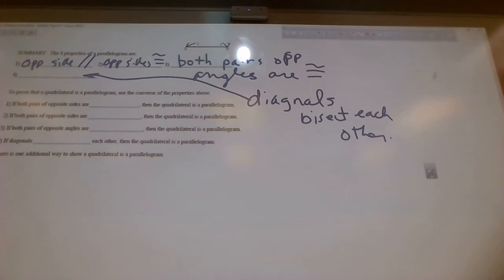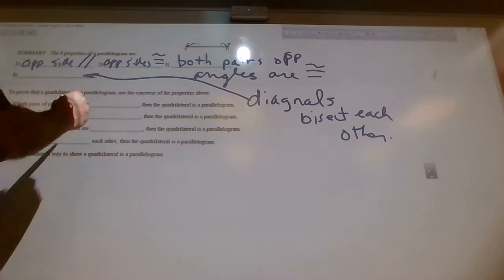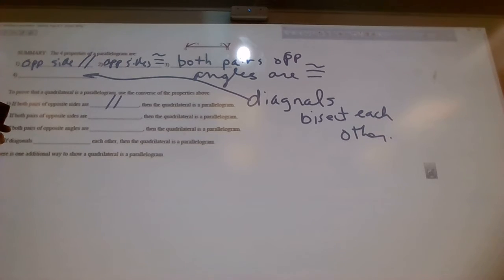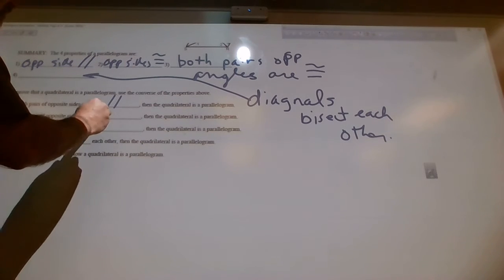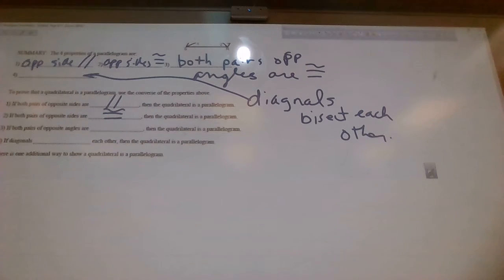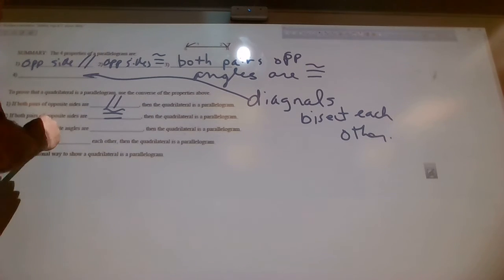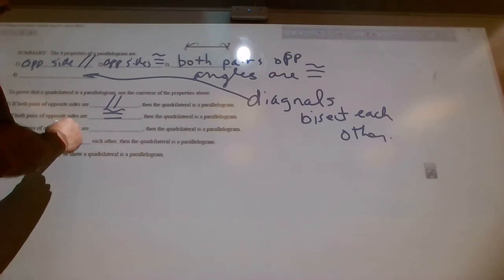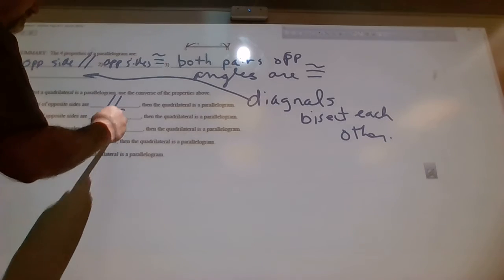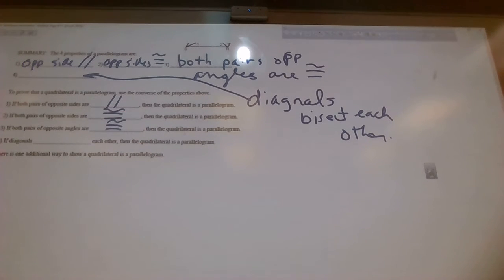So here we go. If both pairs of opposite sides are parallel, then the quadrilateral is a parallelogram. If both pairs of opposite sides are congruent, then the quadrilateral is a parallelogram. If both pairs of opposite angles are congruent, then the quadrilateral is a parallelogram.